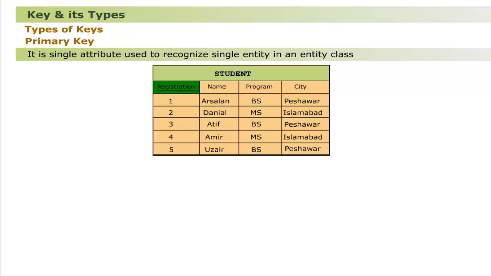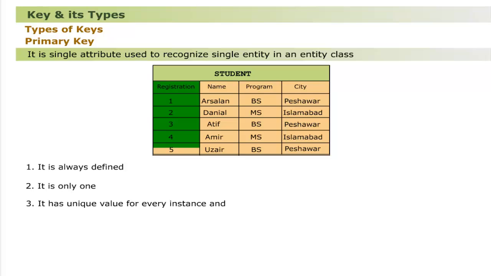This can be clarified by discussing characteristics of an attribute to be selected as primary key. These are: number 1, it is always defined. Number 2, it is only one. Number 3, it has a unique value for every instance, and number 4, it must have a value.